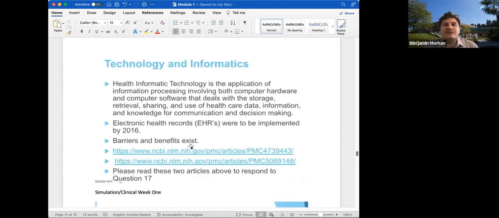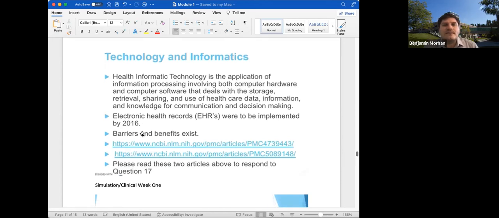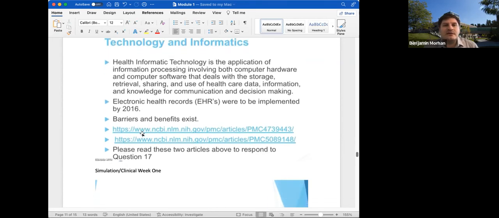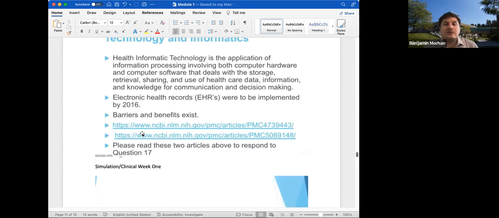Technology and information. So the VA was the first to adopt the electronic health record in 2016. And you guys probably use a different EHR, right? Electronic health record. I know there's Epic, right?